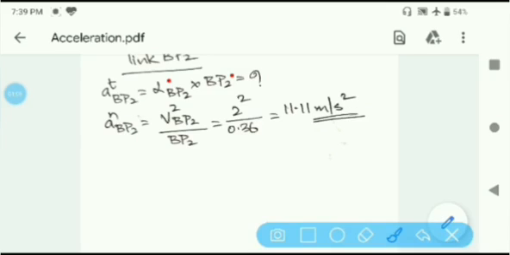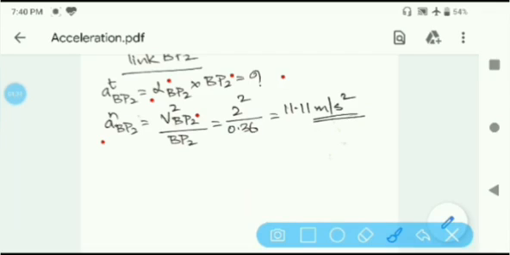Here also the angular acceleration of link BP2 is not known or not given in the question. So that means we cannot proceed right now regarding the tangential component. So we will find out now the normal component of acceleration of B relative to P2, and that is given by the formula v square by r.